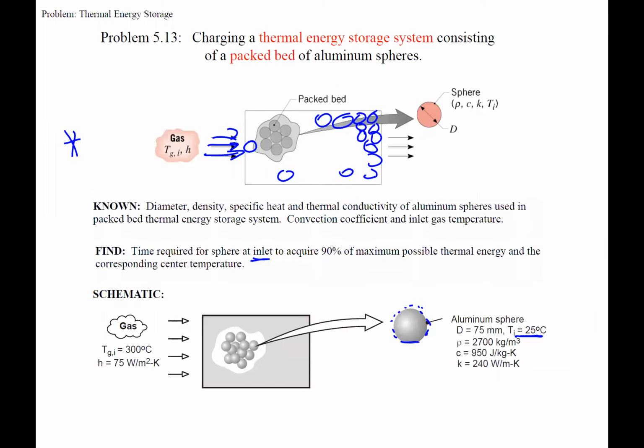Conduction. Neglect conduction, okay? To neglect conduction means we're going to check the Biot number, okay? So we're going to have to check the Biot number. All right. What else can we neglect, or what do we have?